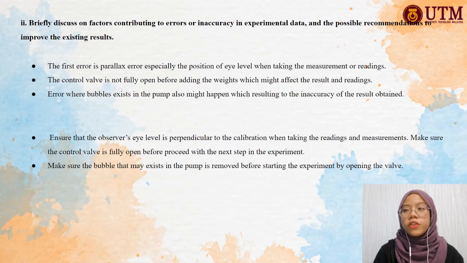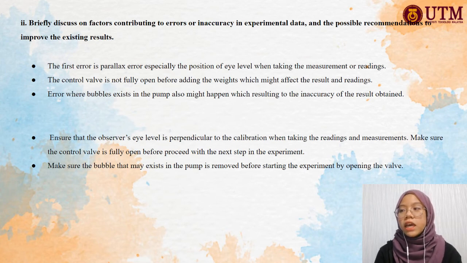Now, briefly discuss factors contributing to errors or inaccuracy in the experimental data and possible recommendations to improve the existing results. There are several factors that contribute to the error and inaccuracy in the experimental data. The first one is parallax error, especially the position of eye level when taking measurements or readings.